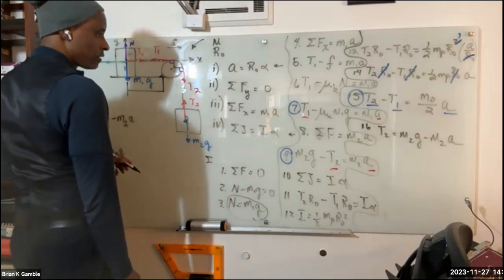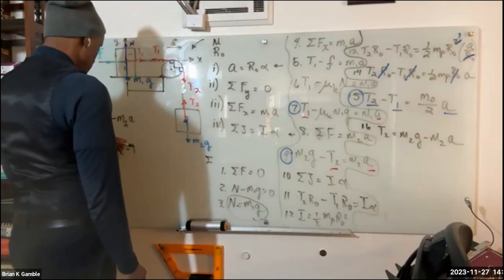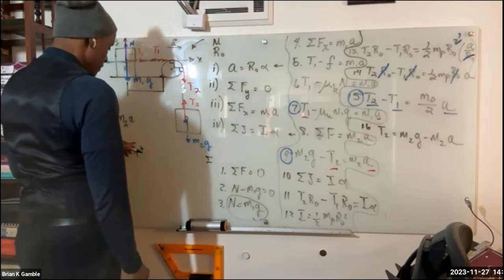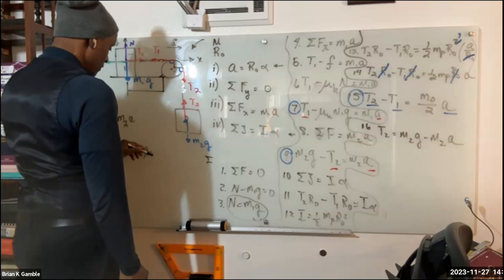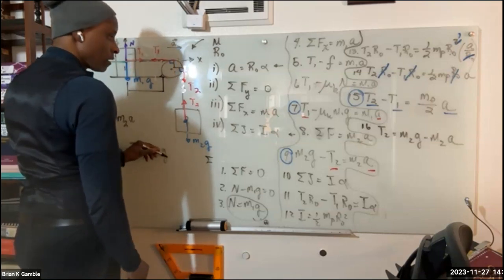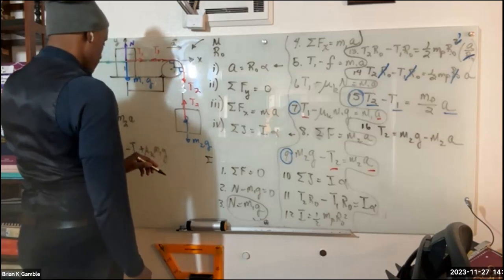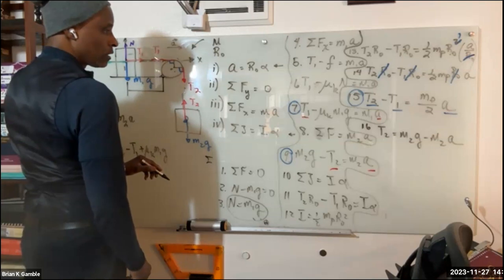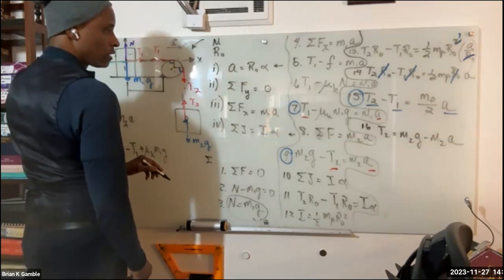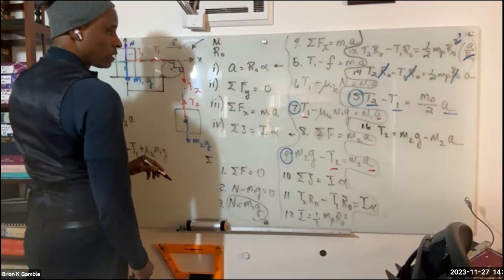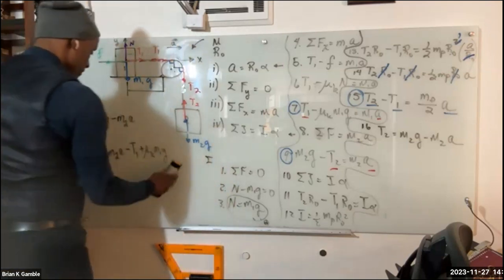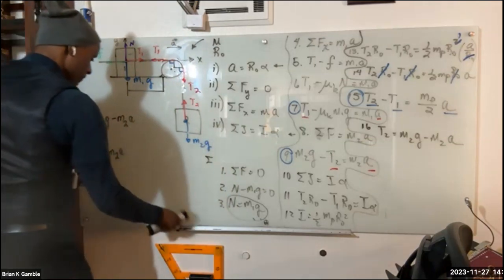So we have minus T1 plus mu K M1G, and sorry, I know what's going on with me today.